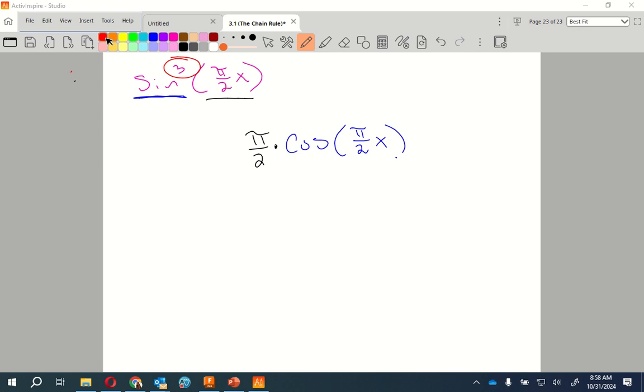Derivative of that is going to give me, remember, think of it as part of my u, right? So if sine's a u, that would be 3. Remember, do I change the u though? It would be 3. So I think of that as a u. Remember, 3. So it would become 3. Yes. Sine squared of pi over 2x.